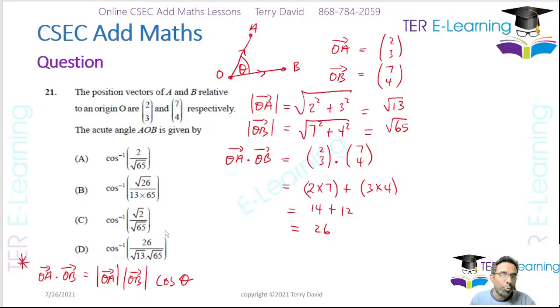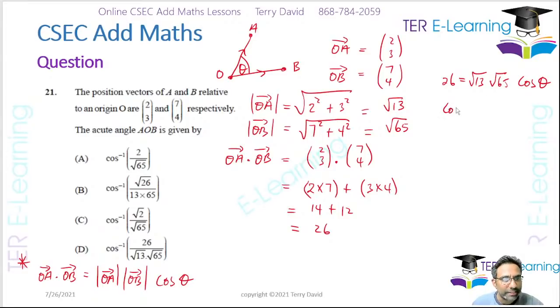So what I've done, I've worked out the things required for the formula. So my dot product, let's see if I can write this in the corner here, is 26. That's equal to the square root of 13 multiplied by the square root of 65 multiplied by cos theta. That's what you're trying to work out.